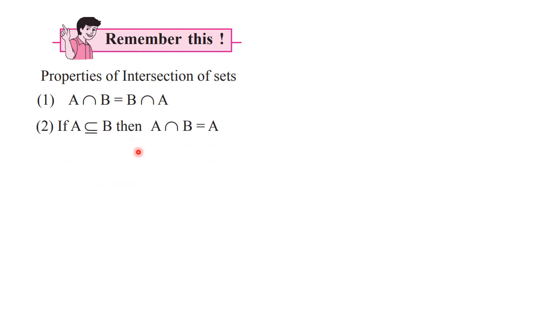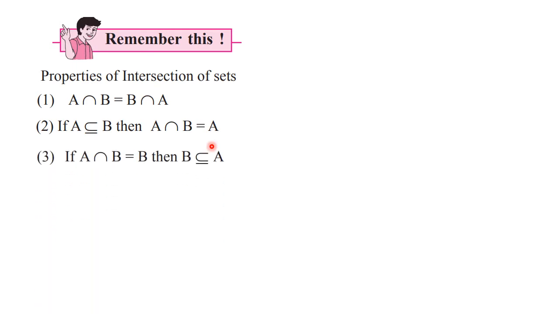Then next, if A is subset of B, that means B is the bigger set and A is the smaller set. So in that case, A intersection B is equal to A, the smaller set. Intersection is a common part, that means it is a smaller set. So if A is subset of B, then A intersection B is A.